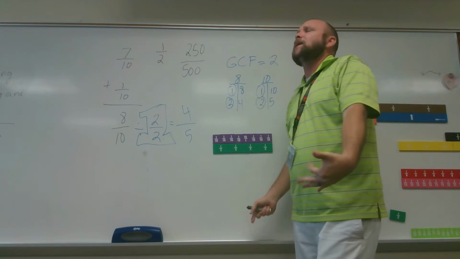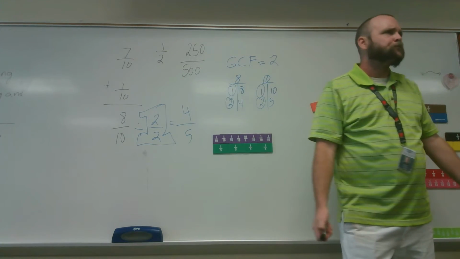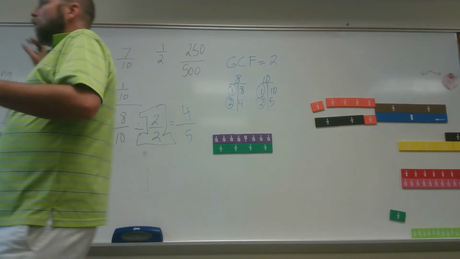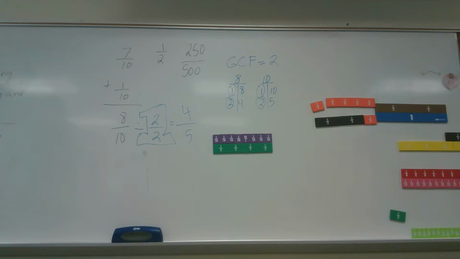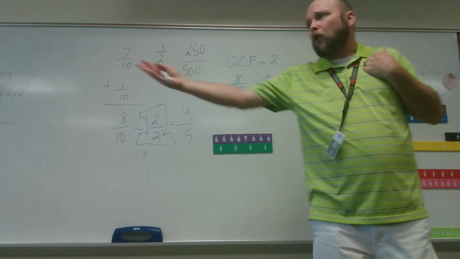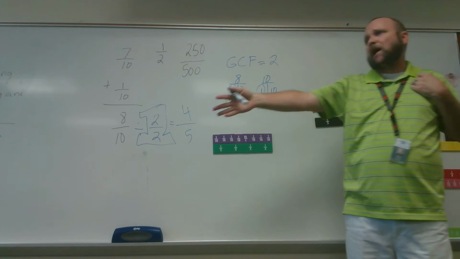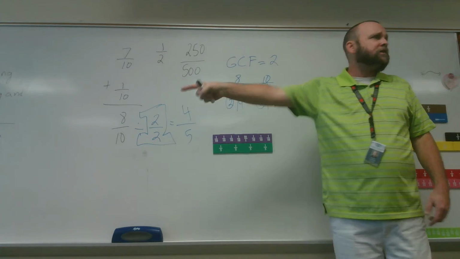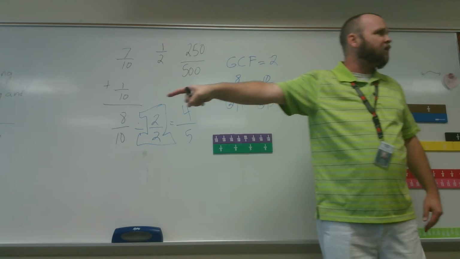Also, we want to speak a common language in math. So if you're thinking 250 over 500, and I'm thinking 1/2, we both are right, but we might get into a fist fight because I'm saying the answer is 1/2 and she's saying the answer is 250 over 500.